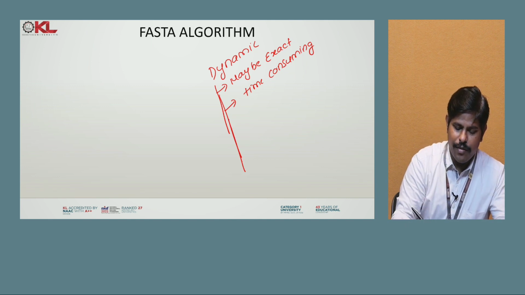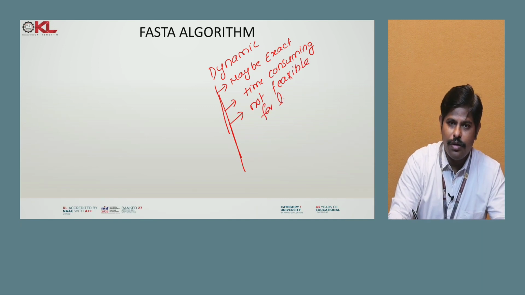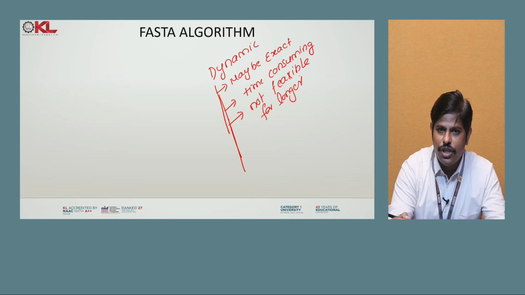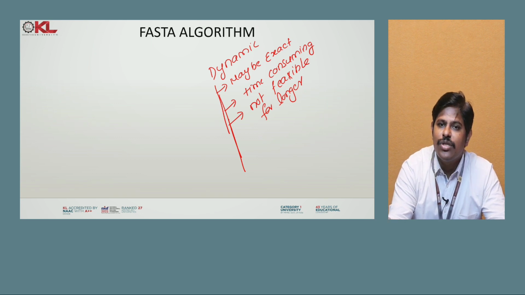Dynamic programming approaches are not feasible for very long sequences. Suppose you want to compare the human genome of 3 billion bases with the mouse genome of another 3 billion bases, the dynamic programming approach is not at all possible here.